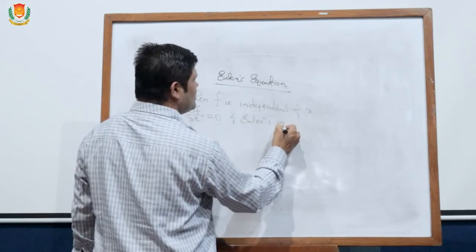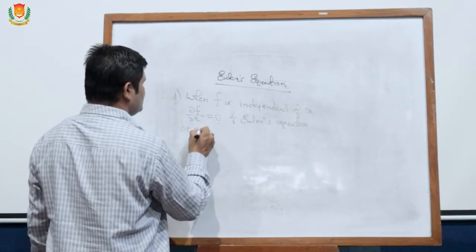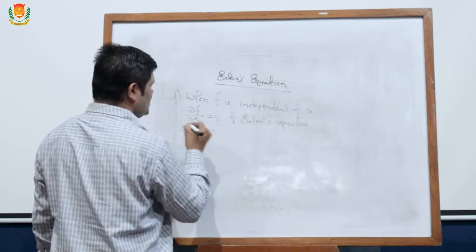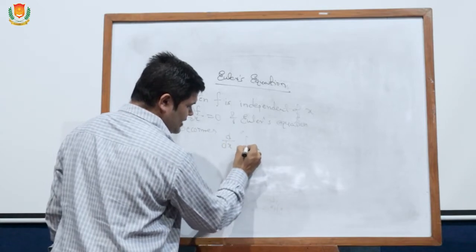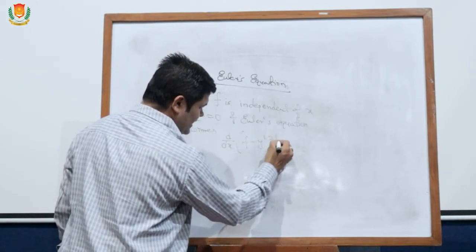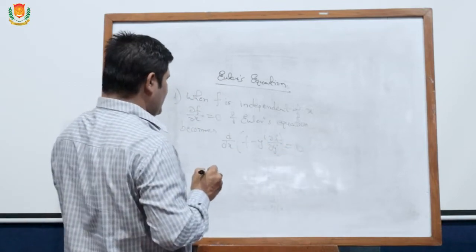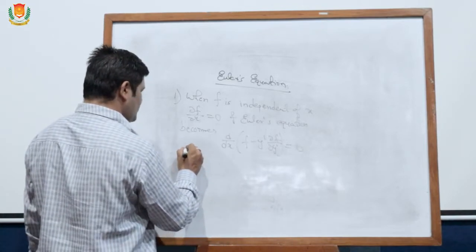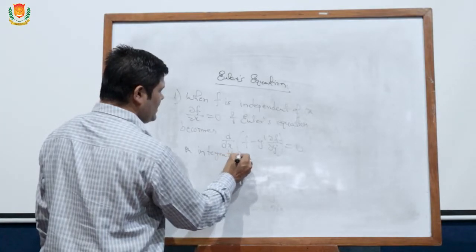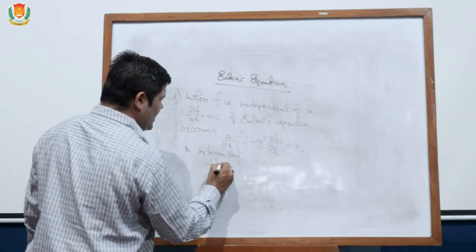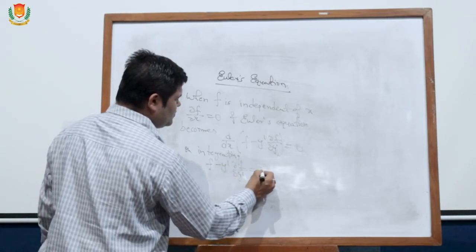Euler's equation becomes, d by dx of f minus y dash del f upon del y dash equals to 0, and on integrating, we have f minus y dash del f upon del y dash equals some constant.